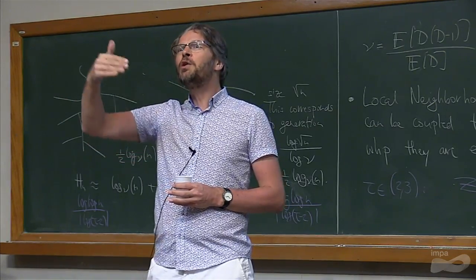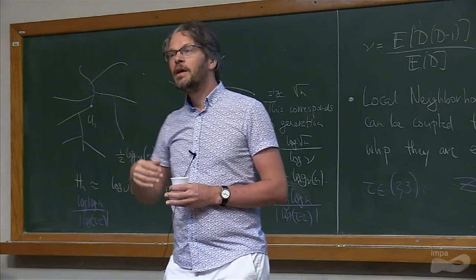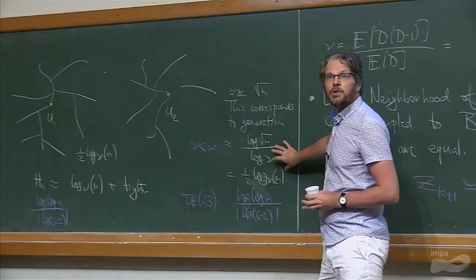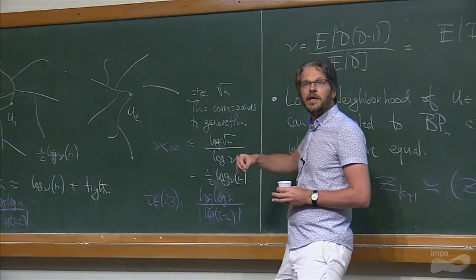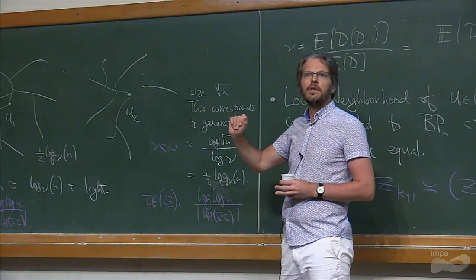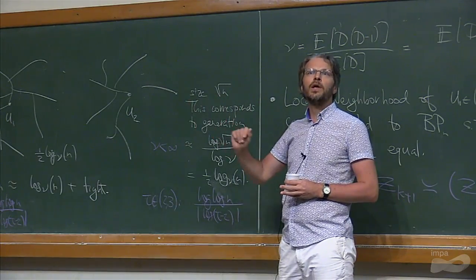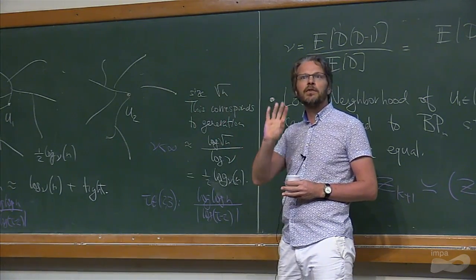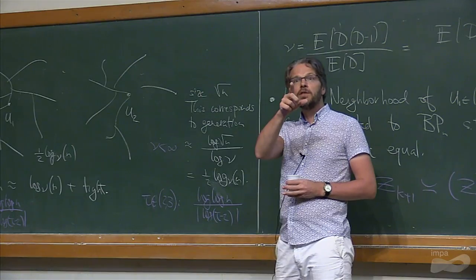So you jump through these powers of n. Whereas here, it's much more slow. You really need an additional log n steps in order to go from n to the epsilon to n to the 2 epsilon. That's a big difference. Does that answer your question?